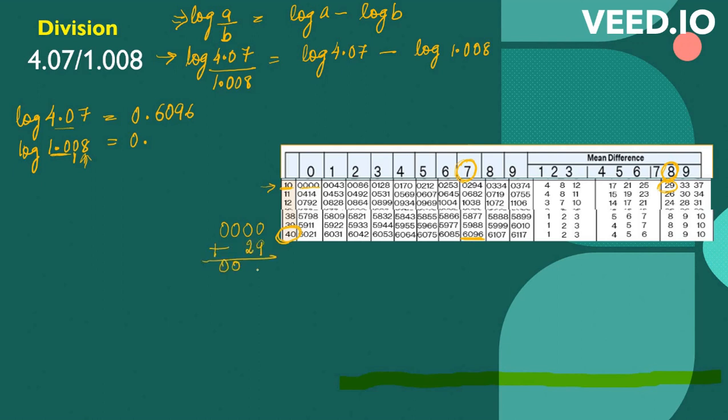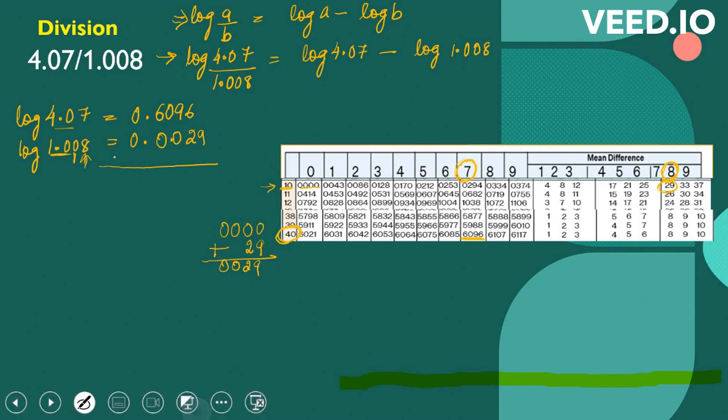So you get 0029. Don't put 0.29. Be very careful with this. You have to take all the 4 zeros, then you have to do an addition like this. So you will get the value 0.0029.